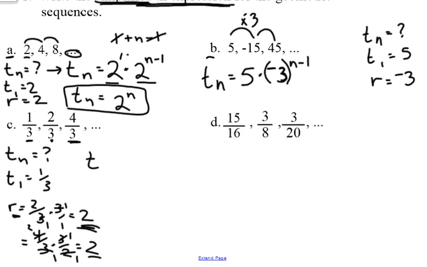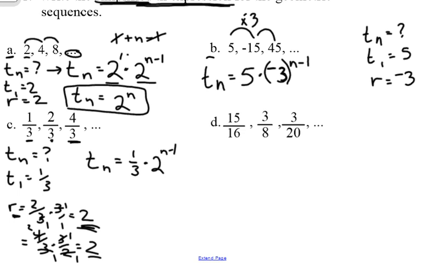So our simplified formula would be T sub n is term 1 times r to the n minus 1. And there's what we have for our simplified sequence.